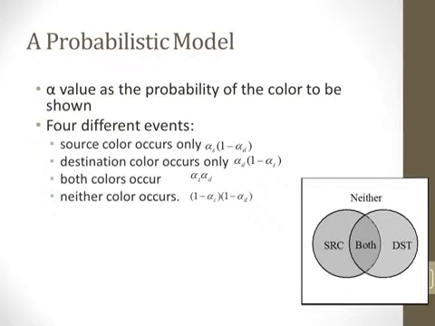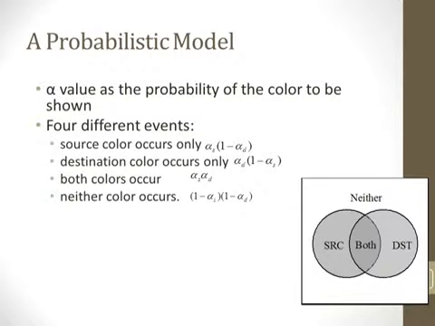The Porter-Duff rule can be derived systematically from a probabilistic model. The alpha value of a color can be interpreted as the probability that the color will be shown, or more concretely, as the portion of the pixel area covered by the specified color. To combine the source and the destination colors with their respective alpha values, different cases need to be considered.